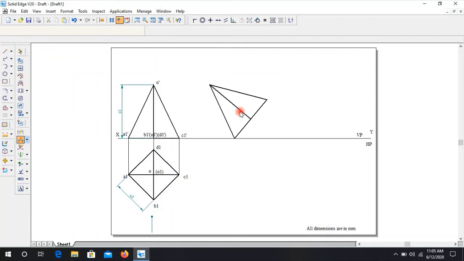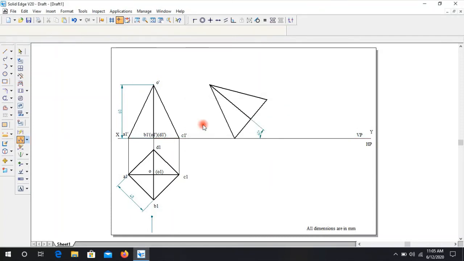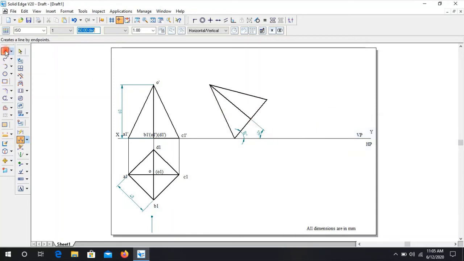Indicate the angle. So the axis is making 40 degrees with respect to HP, and this base will be making 50 degrees. You can represent only 40 degrees also because in the question it's given that the axis is making 40 degrees, therefore you can represent only this 40 degrees. Project from all the corners.